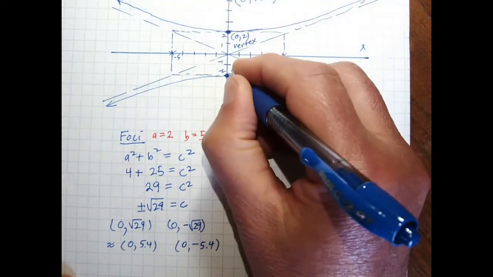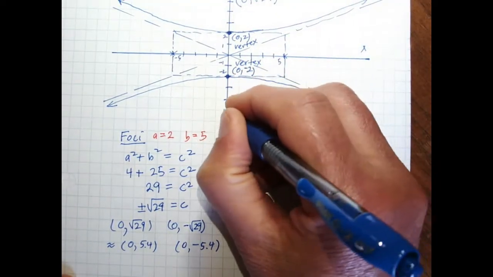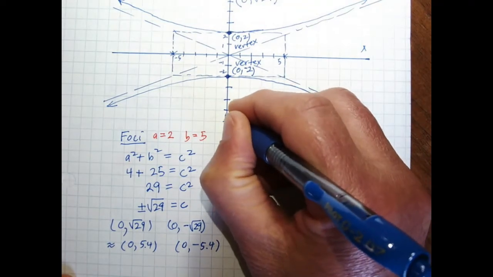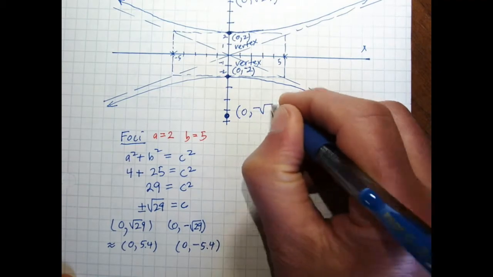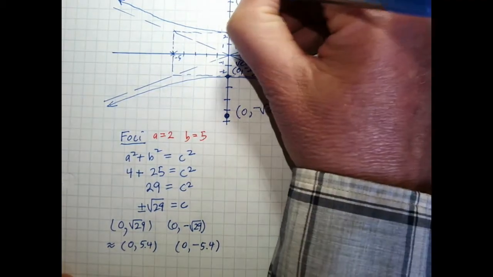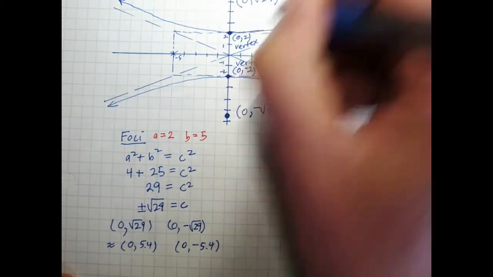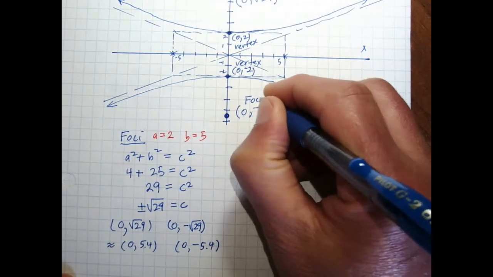And 2, 3, 4, 5, 6. So negative 5.4 is about down here. So there's a focus and a focus.